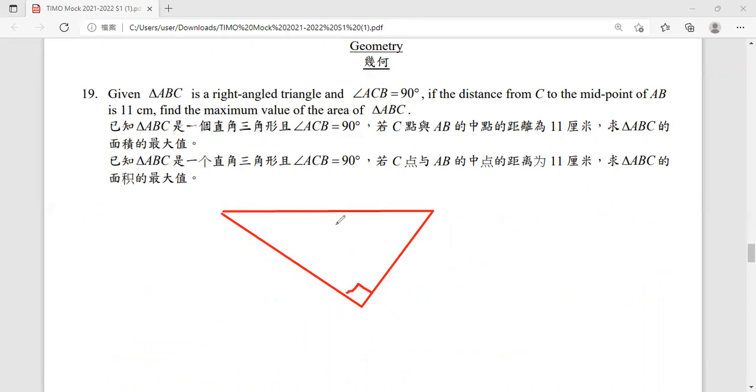So I have a... you draw a diagram yourself. This is 11.